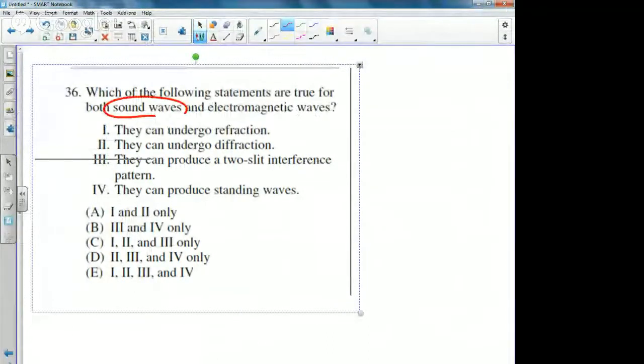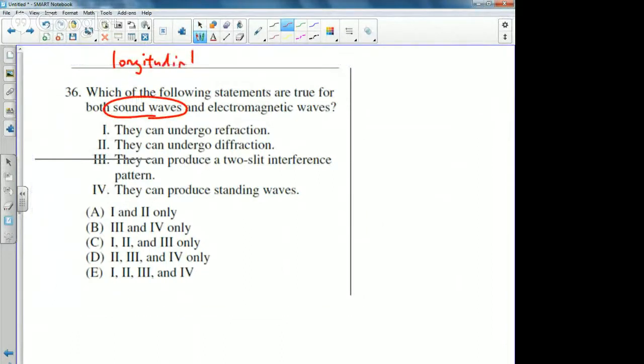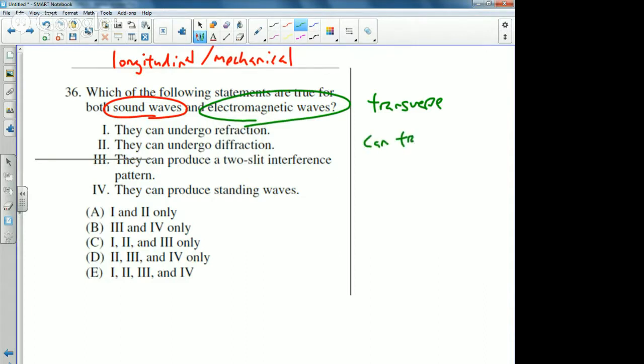Sound waves are longitudinal and mechanical waves. When I say they're mechanical, it means that they need a medium to travel through. That's why I don't hear sound in outer space. Electromagnetic waves, like light, are transverse and can travel in a vacuum.